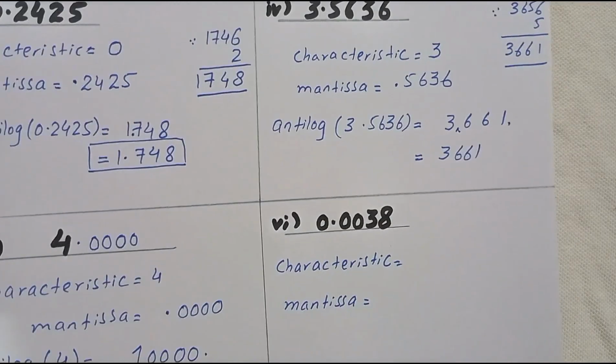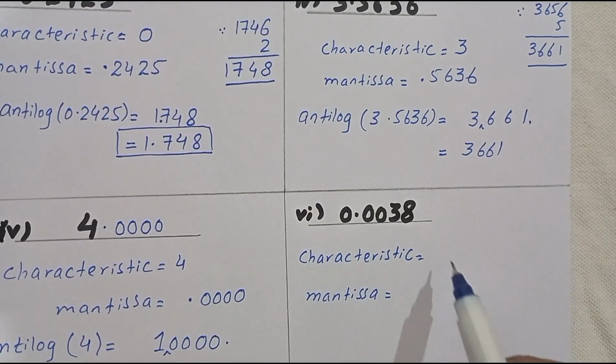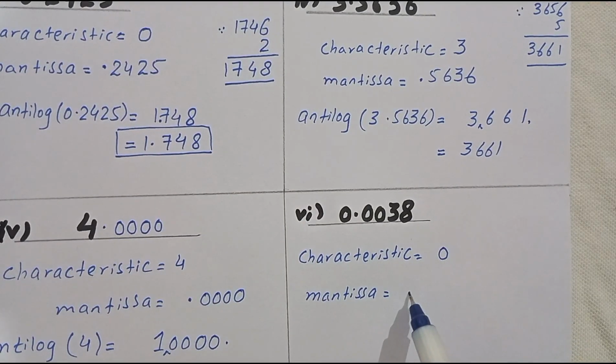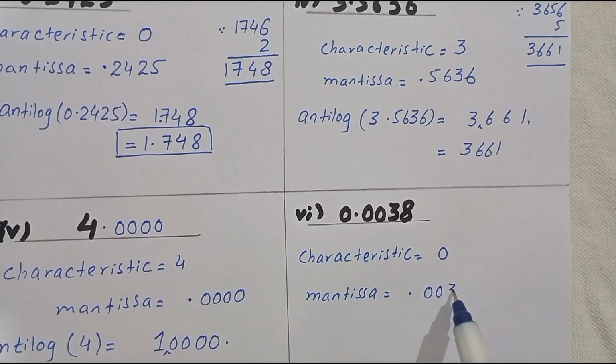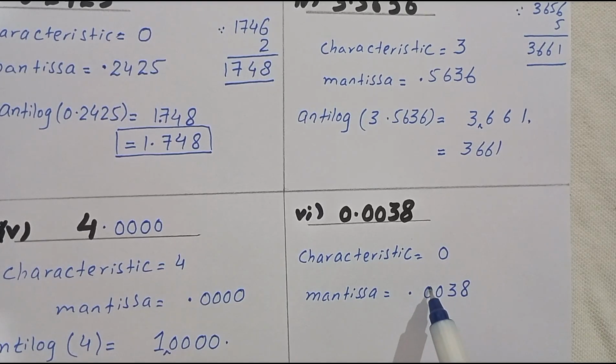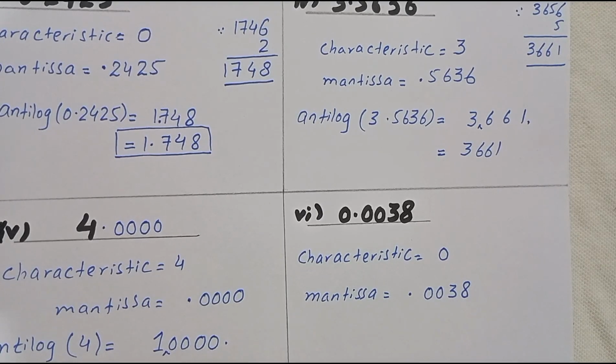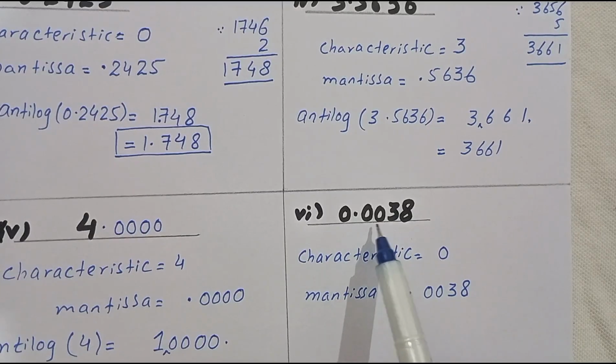In the sixth part, the characteristic is 0 and the mantissa is 0.0038. In the antilog table, we look up 0.00 in column 3 and add the value of the 8 column.